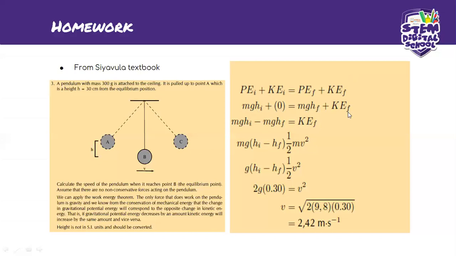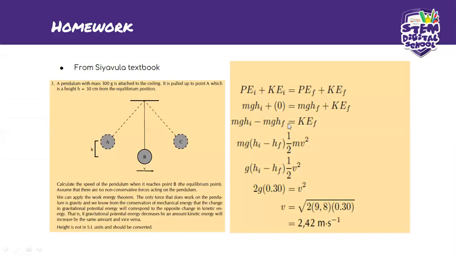What are we looking for here? Here we are looking for the velocity, and we know that we're going to find velocity in our kinetic energy formula. So what we're going to do here, we're going to put these ones together, and here there should be an equal sign, guys.